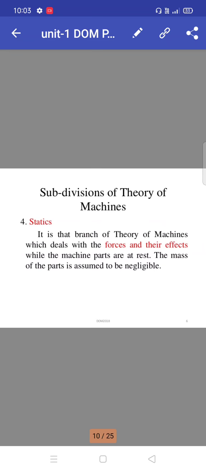Then statics: the theory of machines dealing with forces and their effects while the machine parts are at rest, where the masses of the parts are negligible. These are the wide categories of dynamics of machines here.